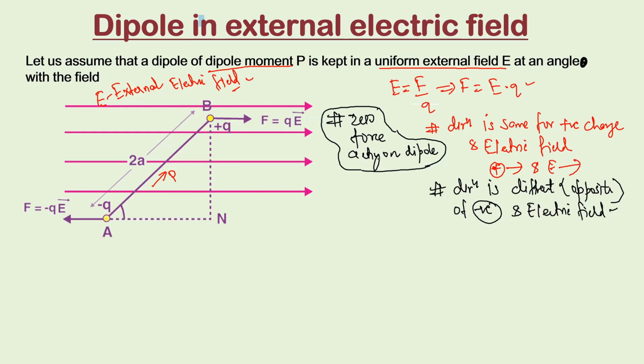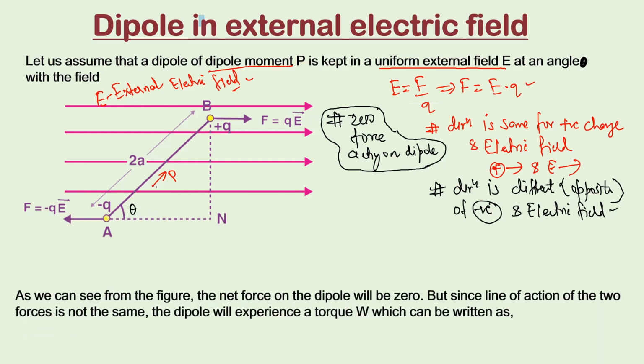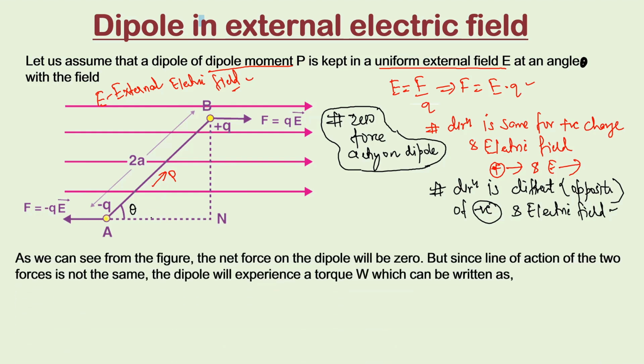Now here theta is the angle between electric field and the dipole moment P. Since from the given figure we have already seen that the net force on the dipole is 0, apart from this, the line of action of the two forces is not the same.